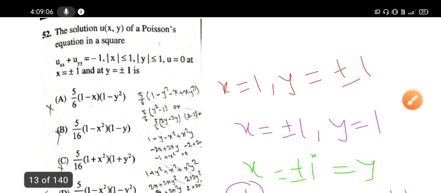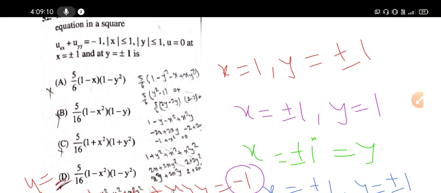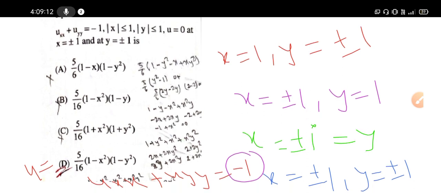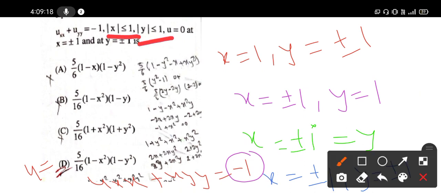The solution u(x,y) of a Poisson equation in a square: u_xx + u_yy = −1, with |x| ≤ 1, |y| ≤ 1, and u = 0 on x = ±1, y = ±1.